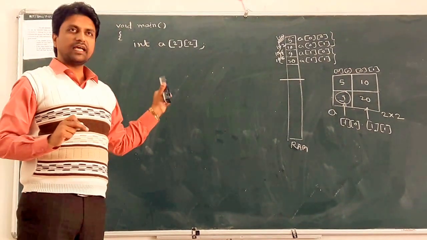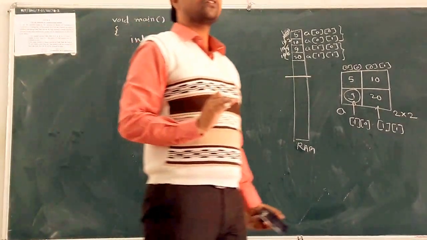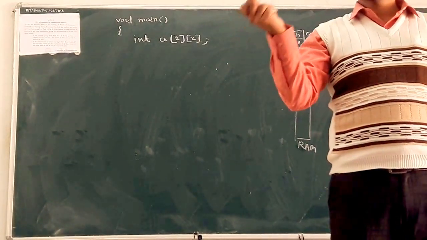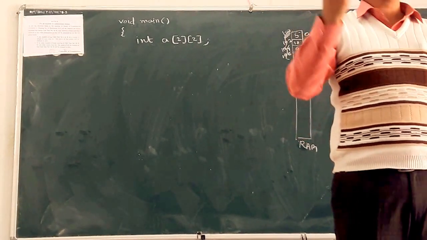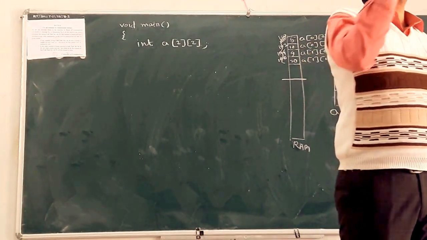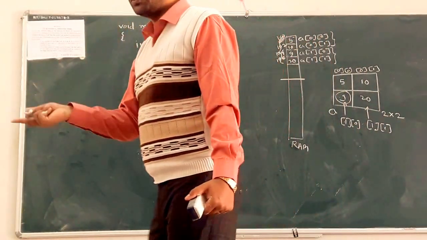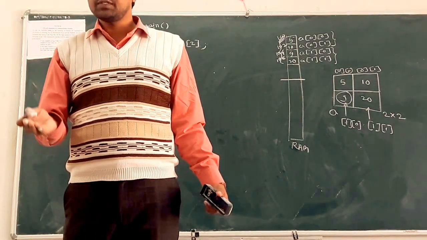In a two-dimensional array, while initializing the array and scanning the elements from the user, we want two loops. One loop for the number of rows and a second loop for the number of columns. The outer loop gives you the number of rows and the inner loop gives you the number of columns.